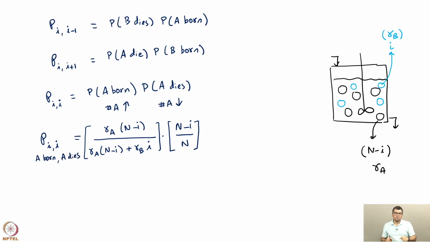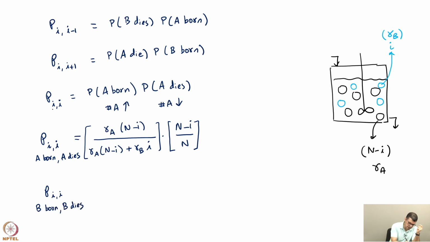However, there is one more possibility in which the system can start from state I and remain at state I, which is the case when, instead of A being born and A dying, a B type individual is born and a B type individual dies. So in that case, we have another transition probability of I to I, which is B is born and B dies.